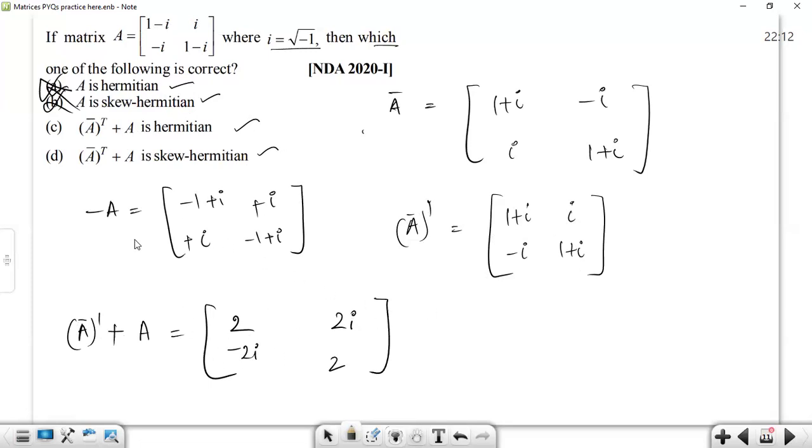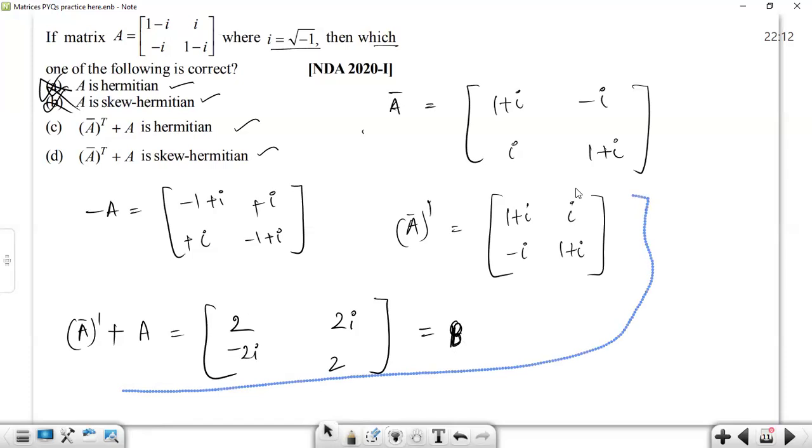Now this is the new matrix we have to talk about. Let's name it B for our convenience. Okay, let's make more space for the calculations.